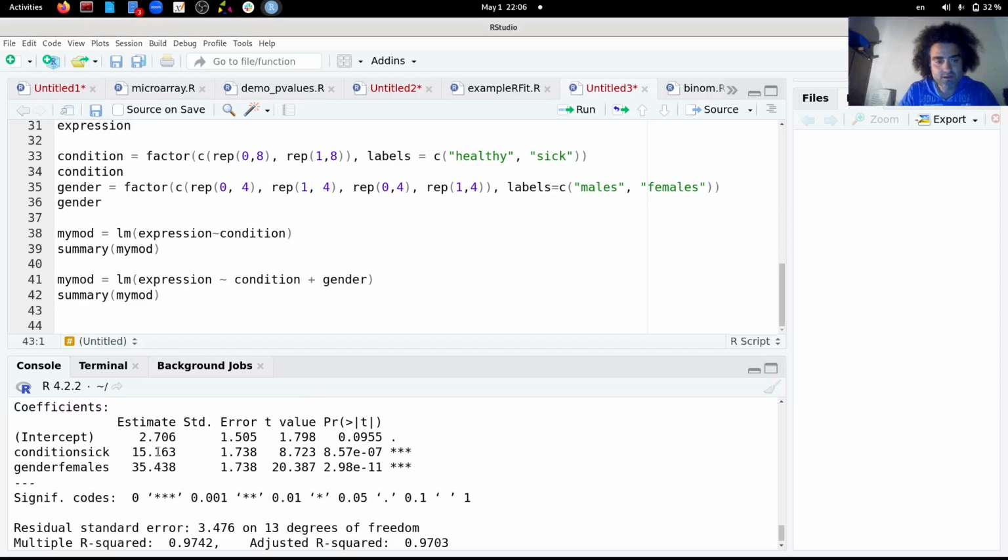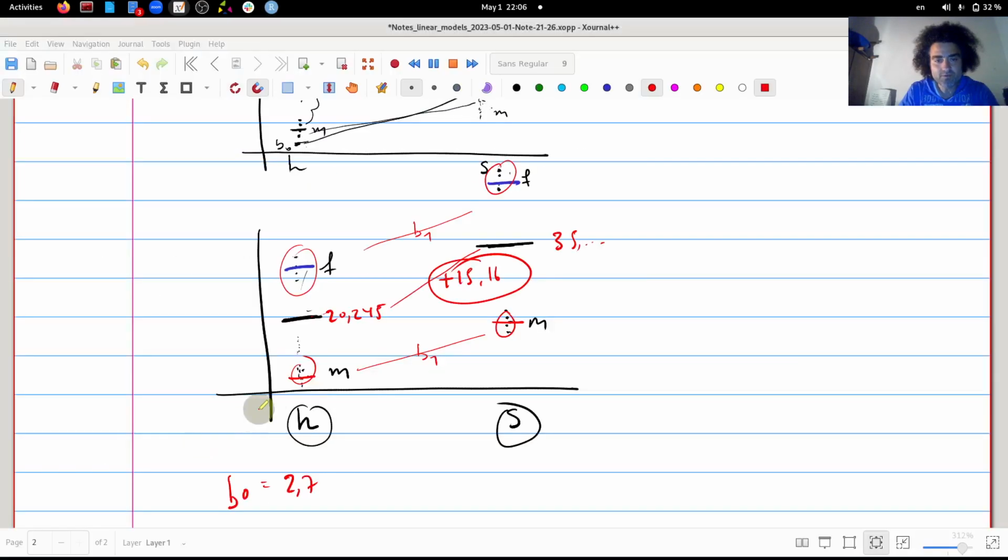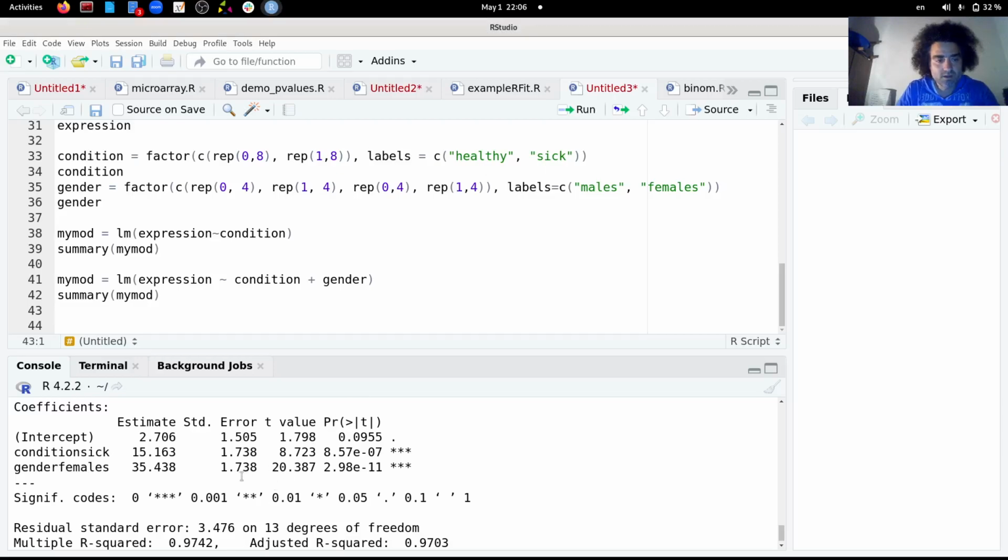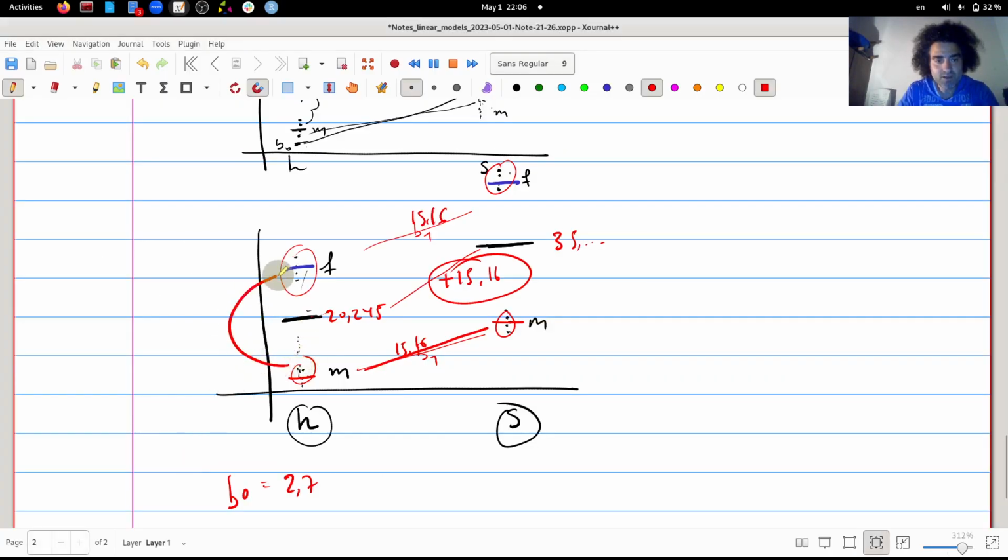Being sick is 15.16 compared to that. So this B1 is 15.16. Being a female is plus 35. So being a female in both cases is this one, and in both cases plus 35 point something.